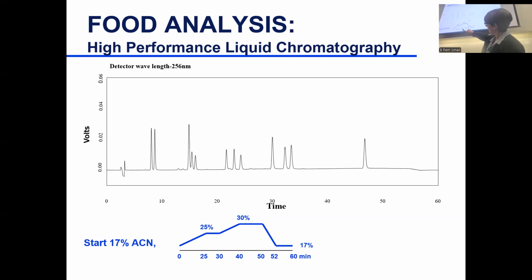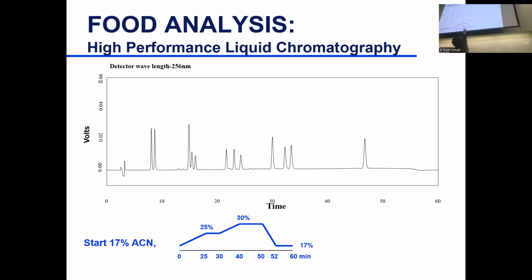So we start at time 0. This is the gradient, how we build it. We start from 17% acetonitrile. We go up to 25% at 25 minutes. And then from 25 minutes to 30 minutes, we keep it isocratic.